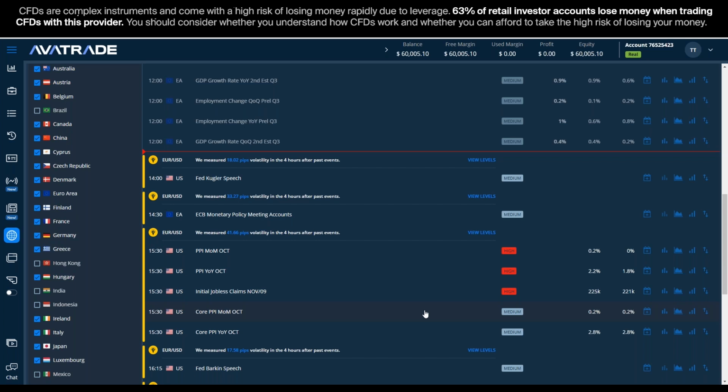In this case, it's the PPI data, the producer price index, to show what the inflationary situation is for those who make the products that consumers then buy.